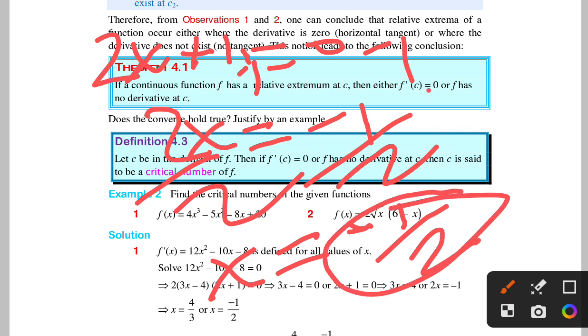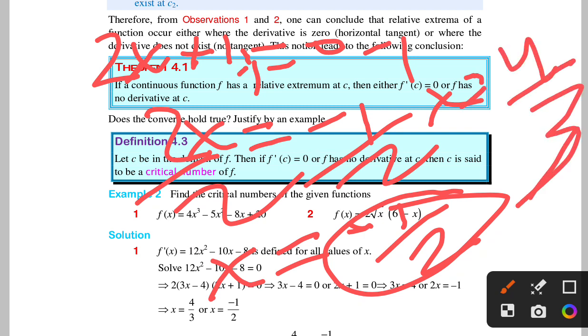The first one we got x equal to 4 over 3. This is a critical number. The function does exist, it is a polynomial function, so this function is defined in a good way. Due to this, our critical numbers are minus 1 over 2 and 4 over 3.